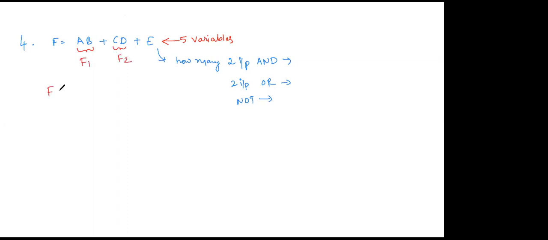So F is equal to F1 plus F2 plus E. So here you are having 3 variables. Again, we need to reduce further. So I am considering F1 plus F2. You can consider anything, F2 plus E or F1 plus E. No fixed rules are there. You will go on your own choice.